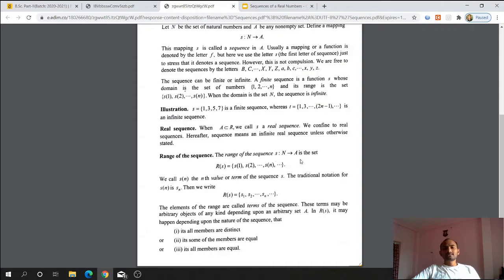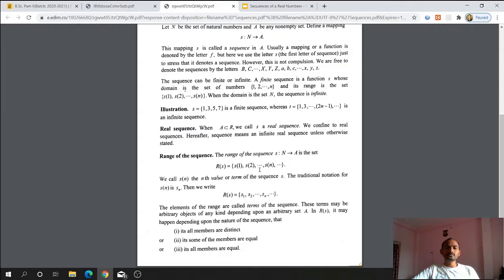So this set, the image set, we write as R of S. This is the notation for the range set. Actually, this is the range of S, the image of the elements in the domain set.